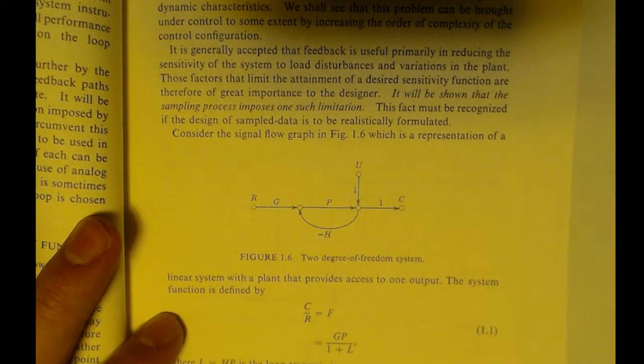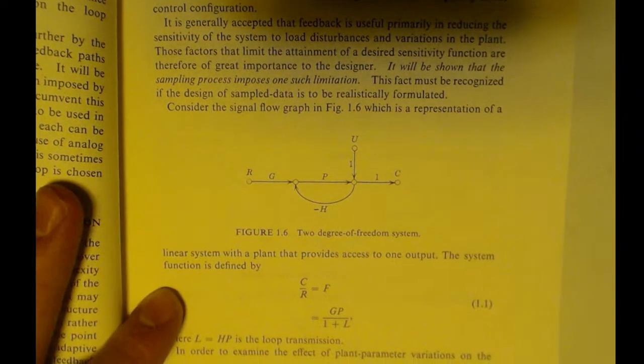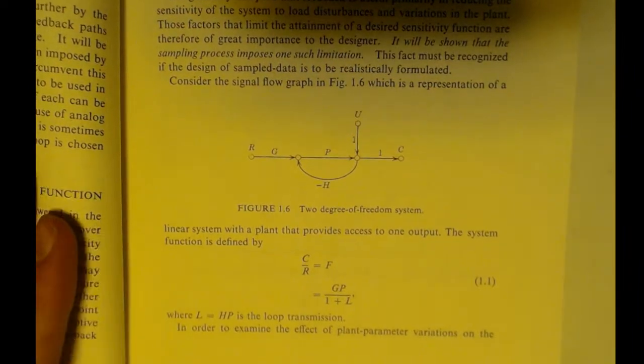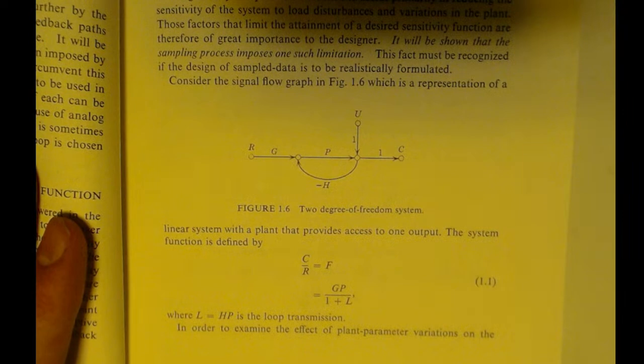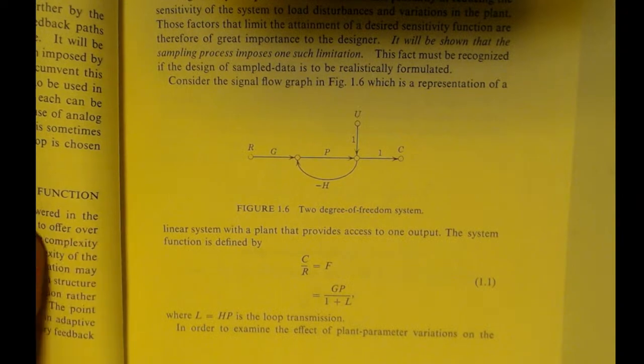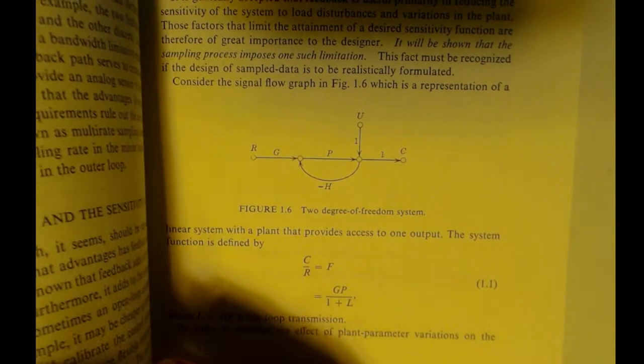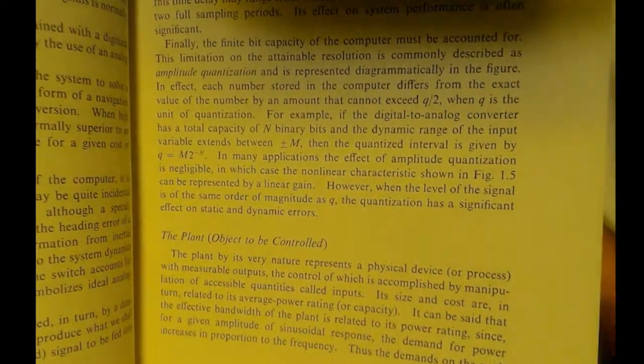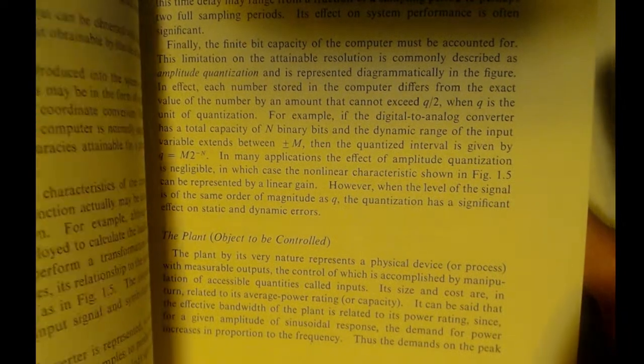Which is a representation of a linear system with a plant that provides access to one output. System function is defined by, okay, whatever. Where's F? This is what I get for skipping the boring sections. I don't know what their notation is.